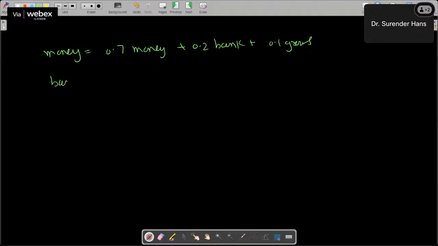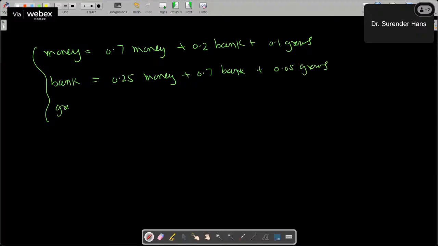And bank, for the first sentence, is 0.25 money plus 0.7 times bank plus 0.05 times grows. And grows is equal to 0.1 times money plus 0.2 times bank plus 0.7 times grows.